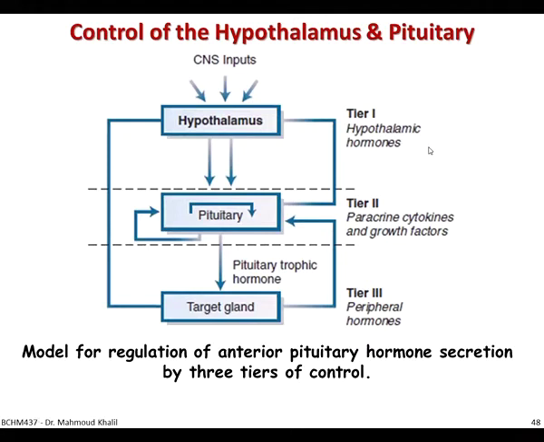So as we said, there are three levels of control through the hypothalamus and the pituitary axis of hormone production. This is the model for regulation of anterior pituitary hormone secretion by these three tiers.